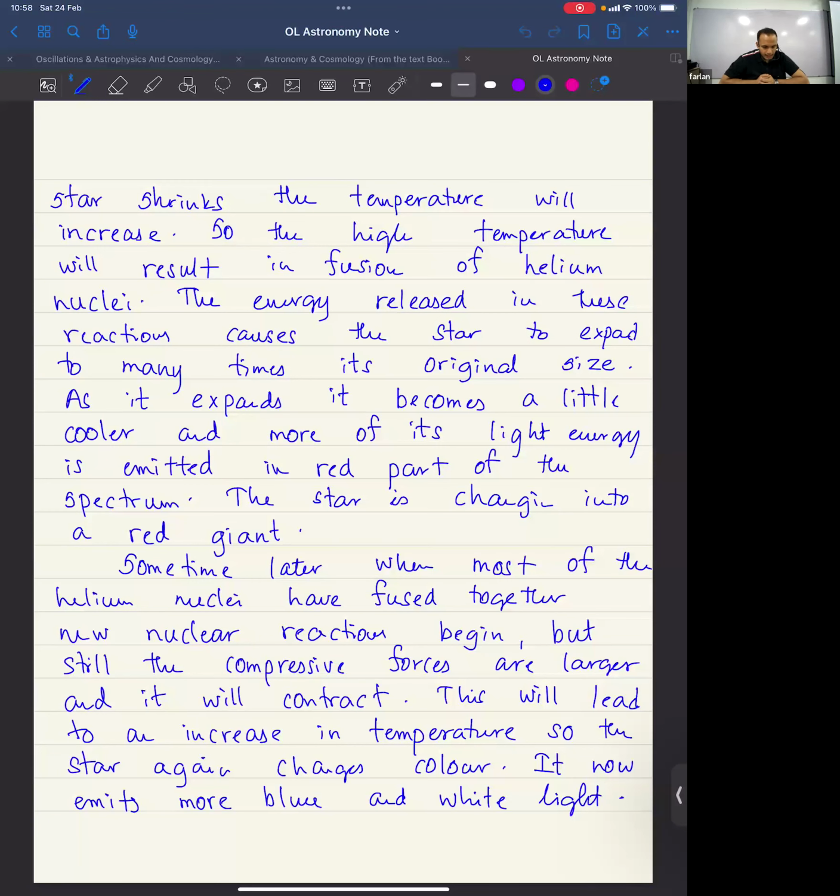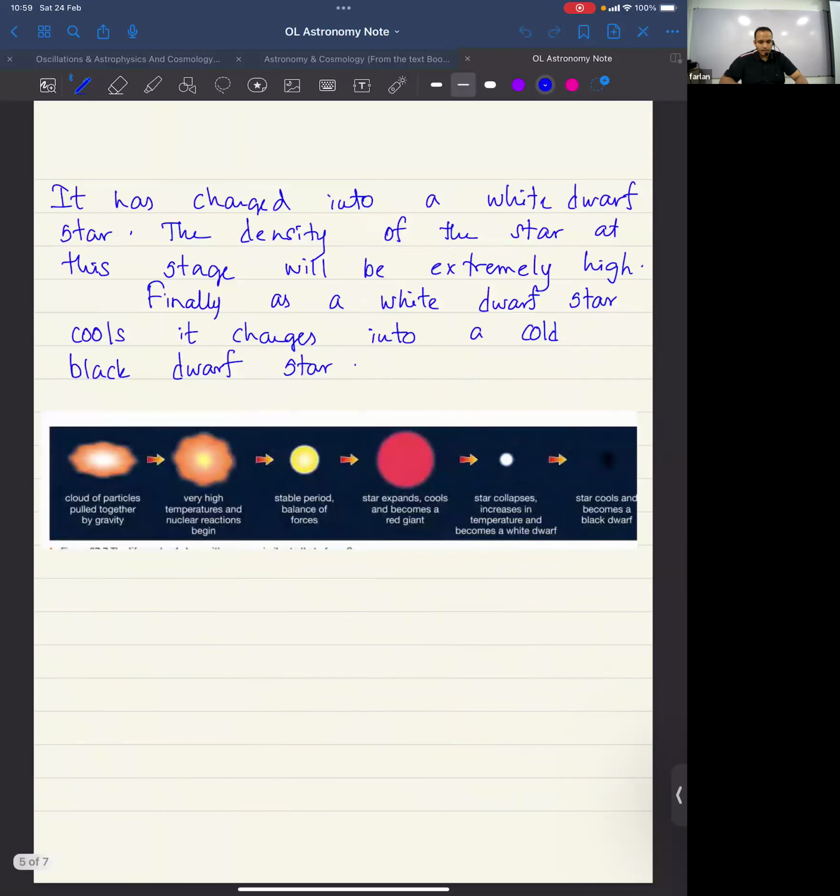Sometime later, when most of the helium nuclei have fused together, new nuclear reactions begin. But still, the compressive forces are larger and it will contract. This will lead to an increase in temperature so that the star again changes its color. It now emits more blue and white light. It has changed into a white dwarf.